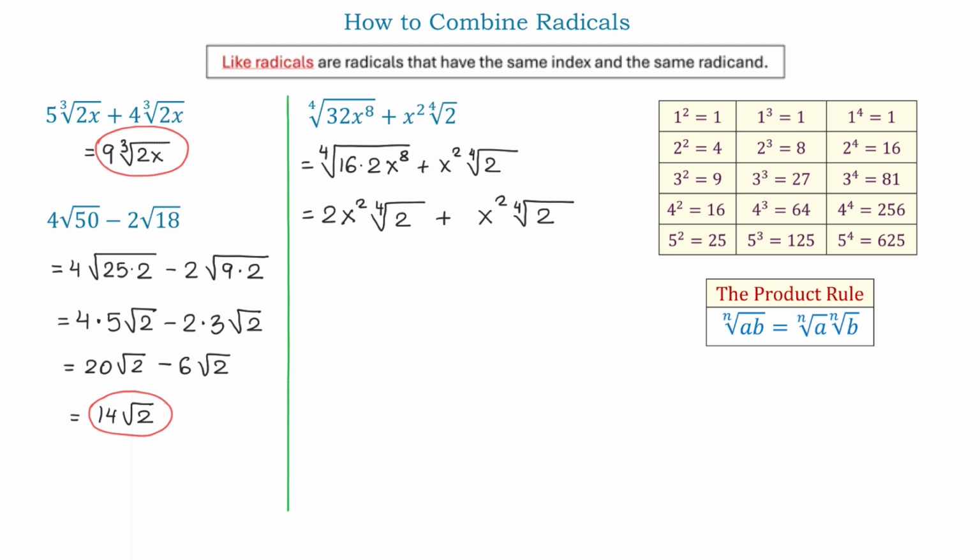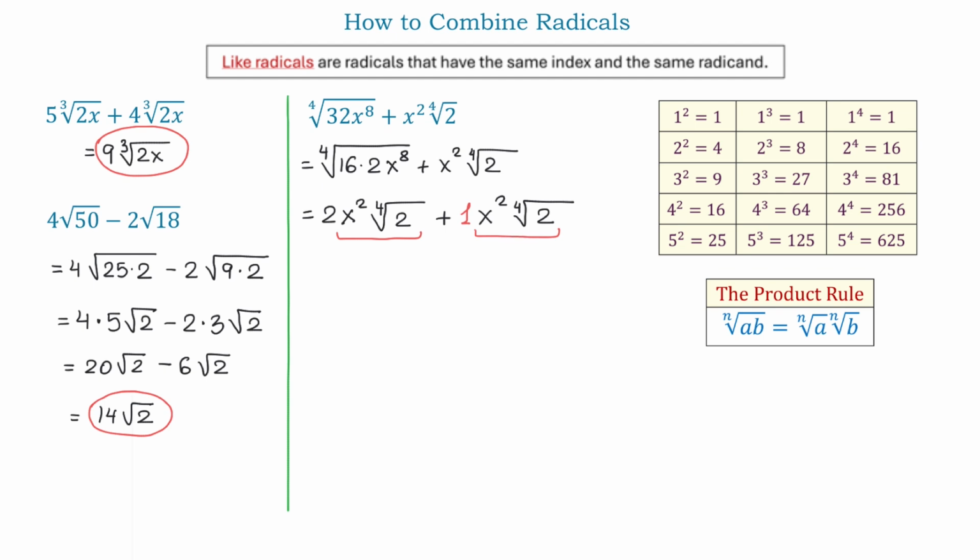And now what we have here is like terms with a combination of like radicals. As you see, both of these terms have a common part, which is x squared, the fourth root of 2. And we can say that we are adding 2x squared, the fourth root of 2, plus 1x squared, the fourth root of 2.